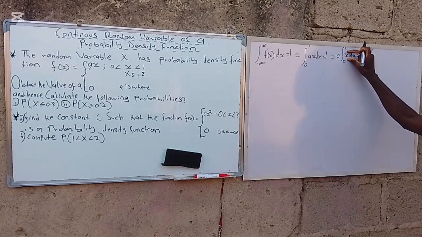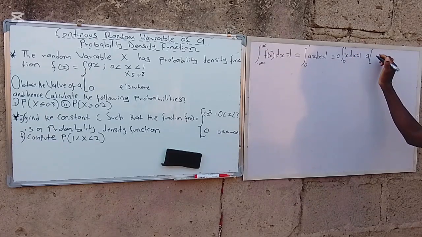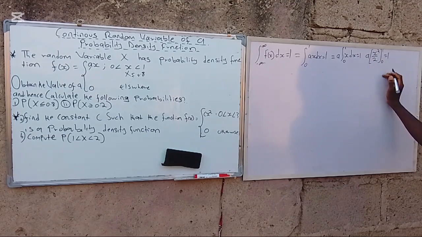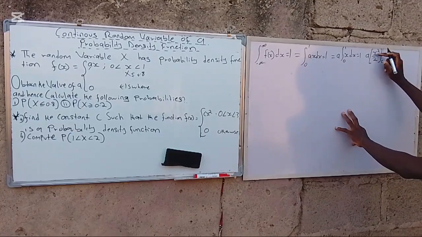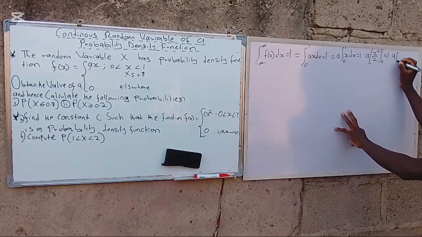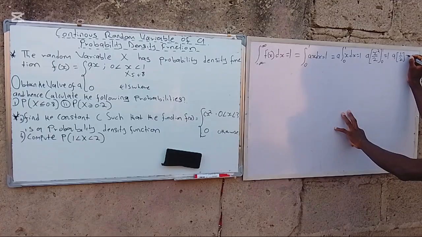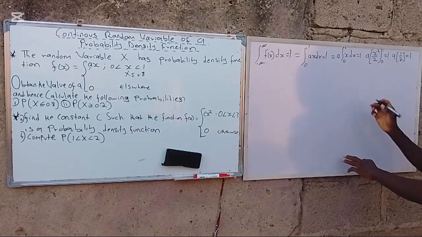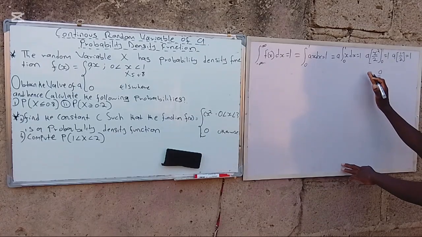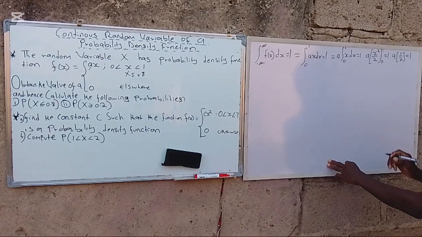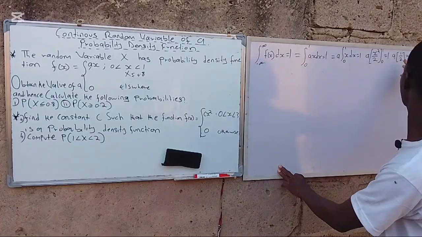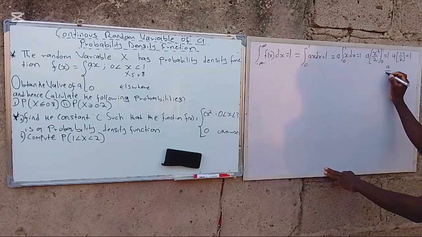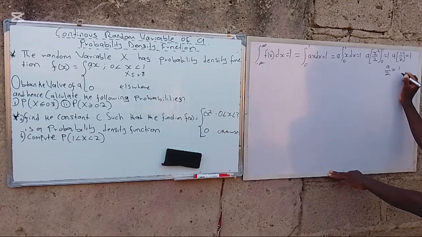To integrate x, I say x squared divided by 2, between the limits 0 and 1. If I substitute the limits, I end up with a times 1 over 2, which equals 1, because putting in 0 gives 0 divided by 2 multiplied by a, which is 0. So a over 2 equals 1, which is the same as over 1.